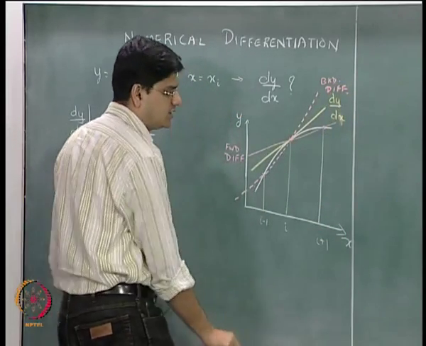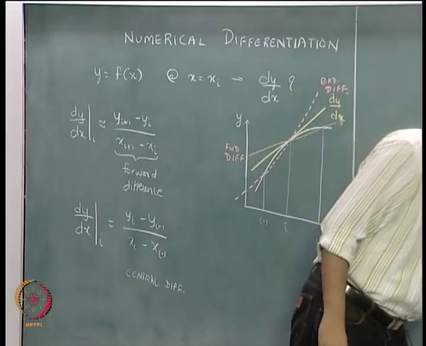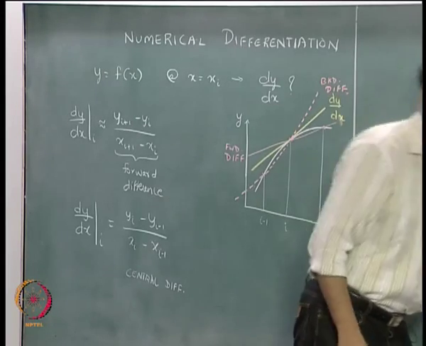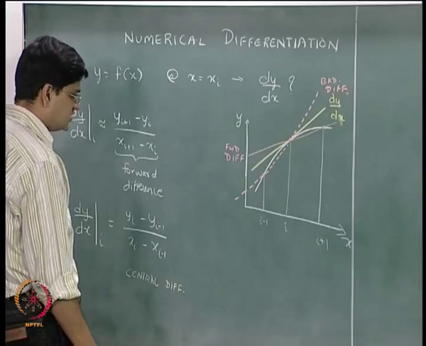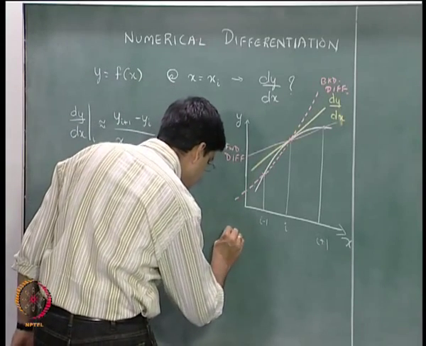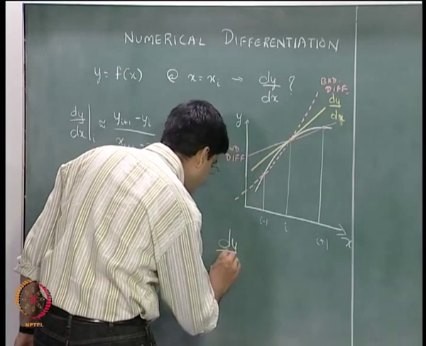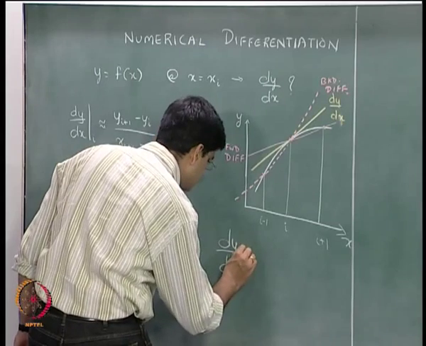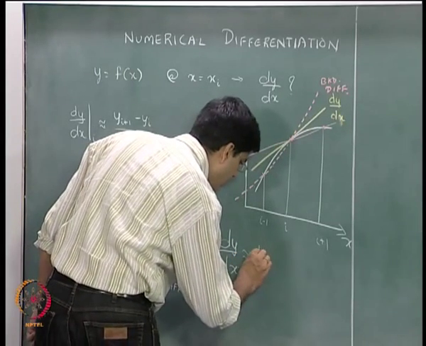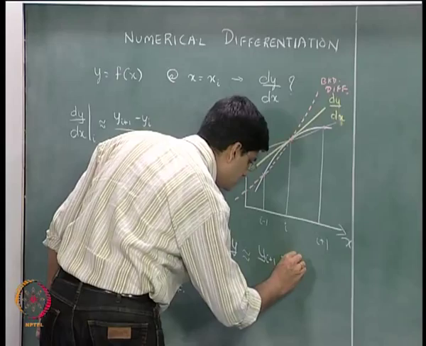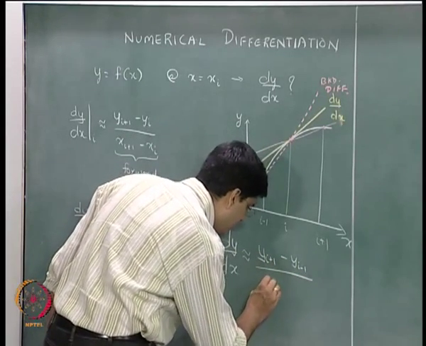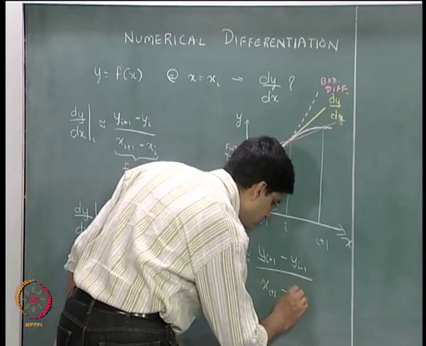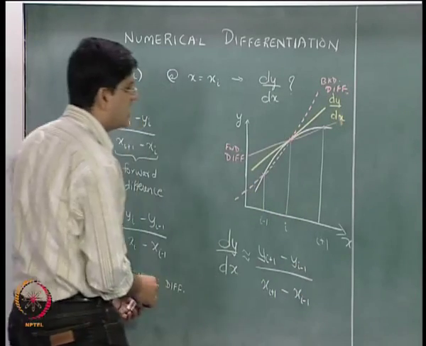Okay. And the third possibility that you would have considered previously is what is known as the central differences, and in the central differences we will have dy by dx approximately equal to y i plus 1 minus y i minus 1 divided by x i plus 1 minus x i minus 1.